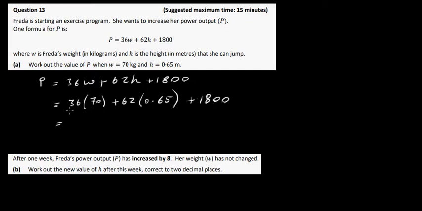When you do that, you get 2520. 62 times 0.65 is 40.3, and then we've got 1800 here. Add up these three and you get 4360.3. So that's the value of P.